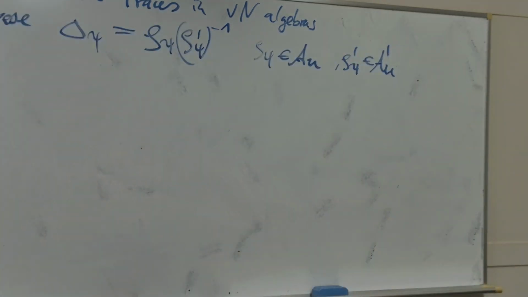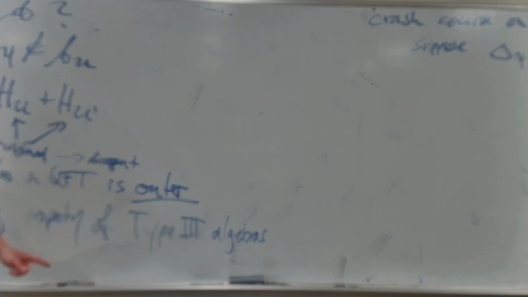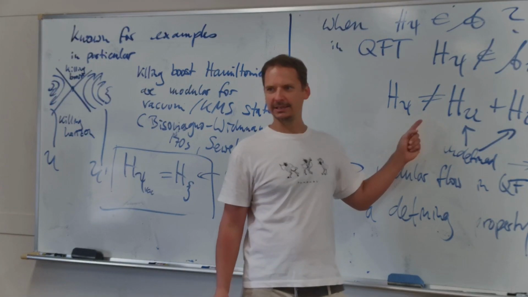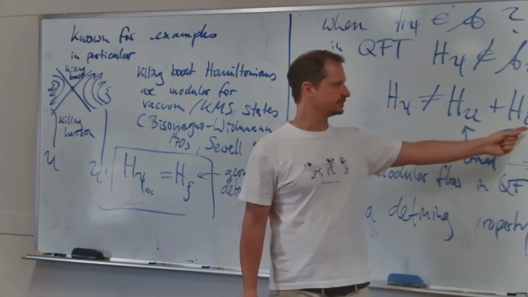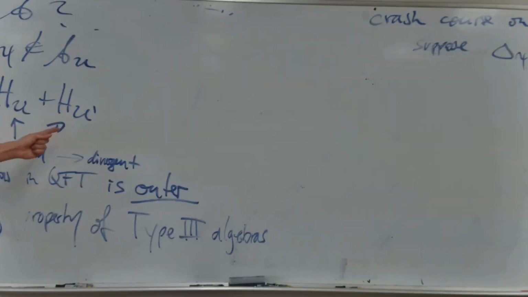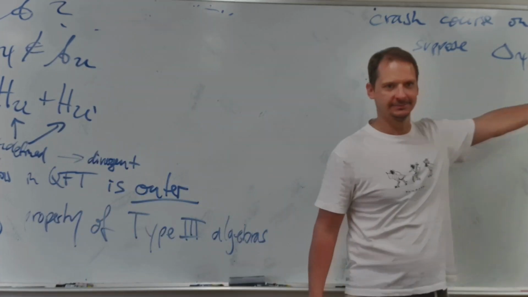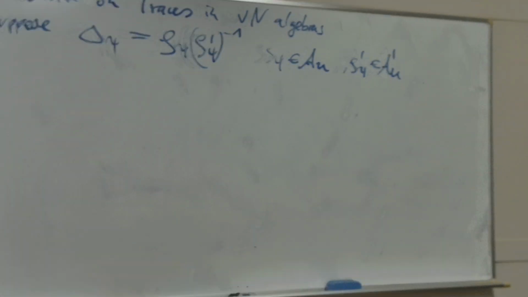One thing that you can see is that in type 3 algebras, because of what I told you, you can't split H psi into a piece that lives in A and a piece that lives in A prime. That's why something like this is impossible in type 3 algebras.